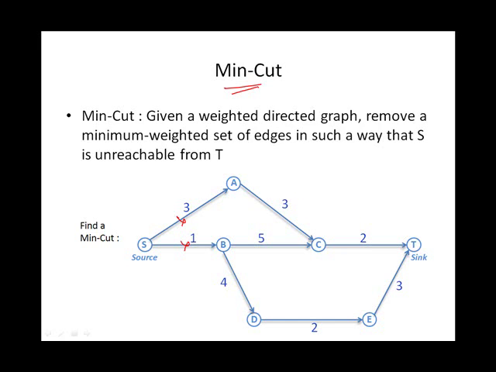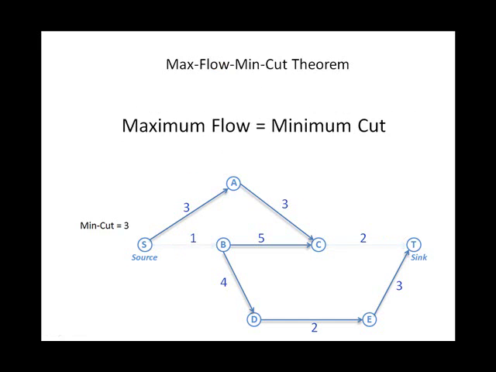No. So consider removing the edges SB and CT. Okay. So the sum of the edges we removed is 1 plus 2, that is 3, and as you can see there is no path from source to sink now. There is no directed path from source to sink.